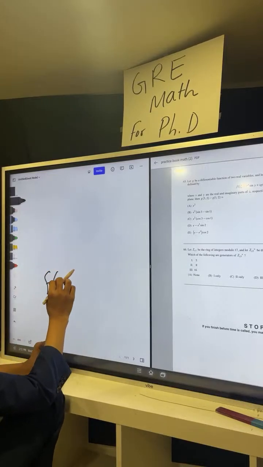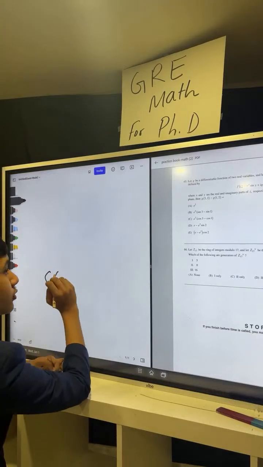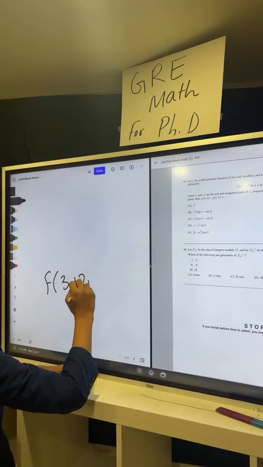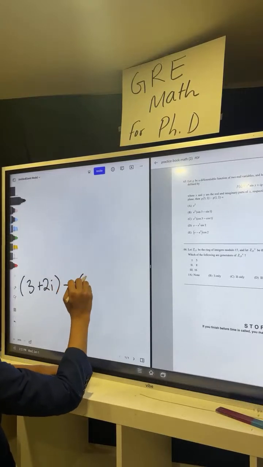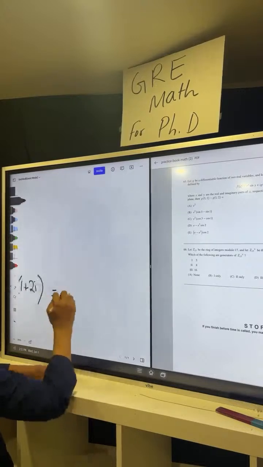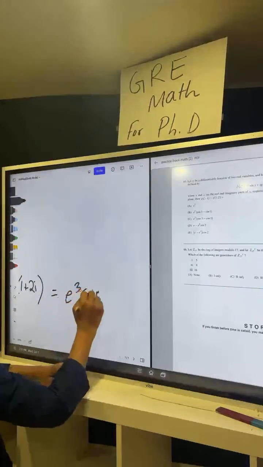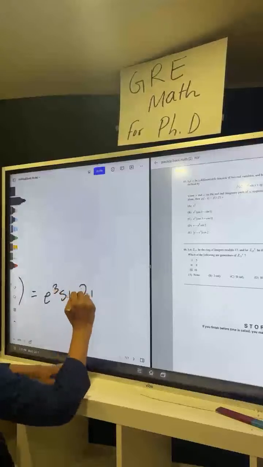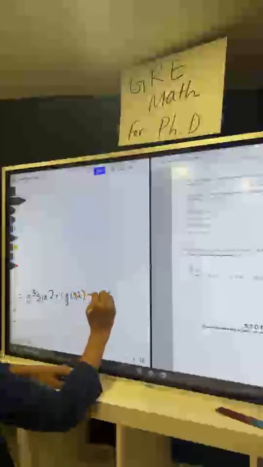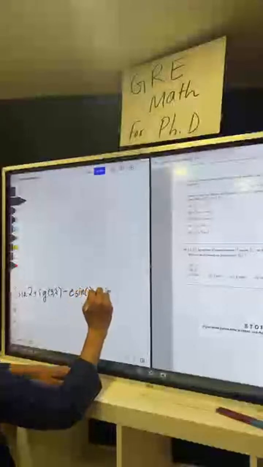We know F of 3 plus 2i minus F of 1 plus 2i is equal to e cubed sine 2 minus e sine 1.